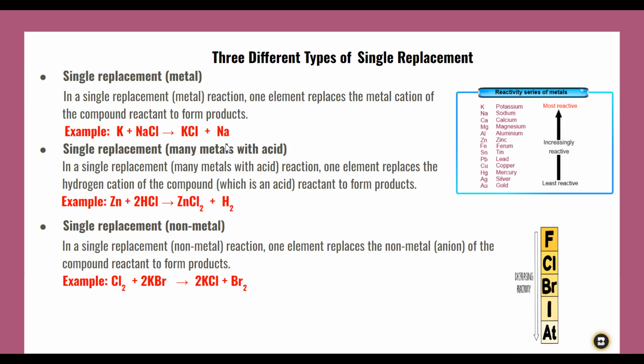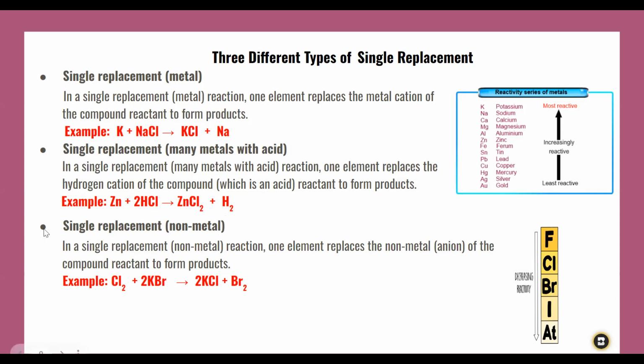Okay. Now, when you have metal with acid, this is acid, this is metal with acid. Then this zinc, which is here, kicks out hydrogen. So hydrogen is somewhere, it's not showing here, but some hydrogen is below the zinc. That's why zinc can kick hydrogen out and take its place. You see that?